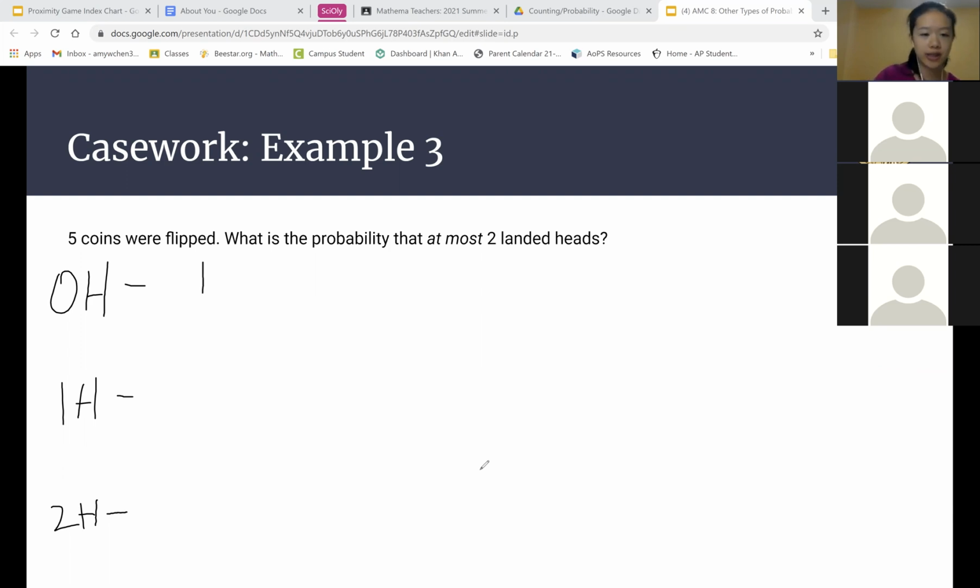And you might have also found the probability of flipping 0 heads. That would be 1 over 32 because there's 2 times 2 times 2 times 2 times 2, 2 to the 5th possible outcomes. So you could find the number of ways to flip 0 heads, just 1, or you could turn that into a probability. Both of those ways are acceptable. So what did you get for 1 head?